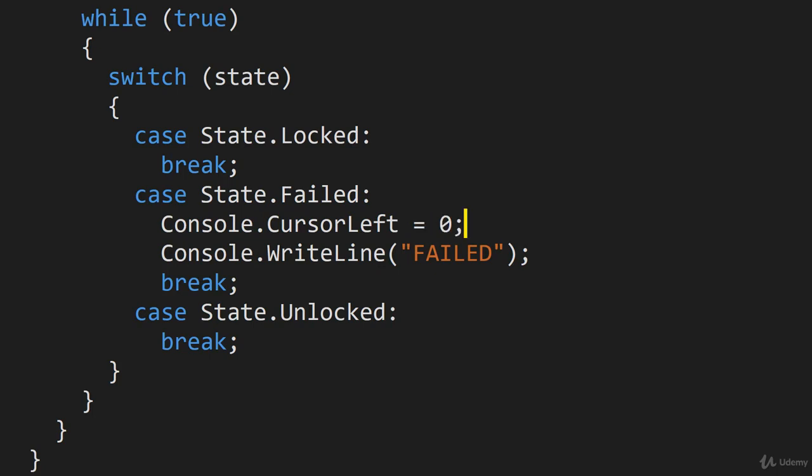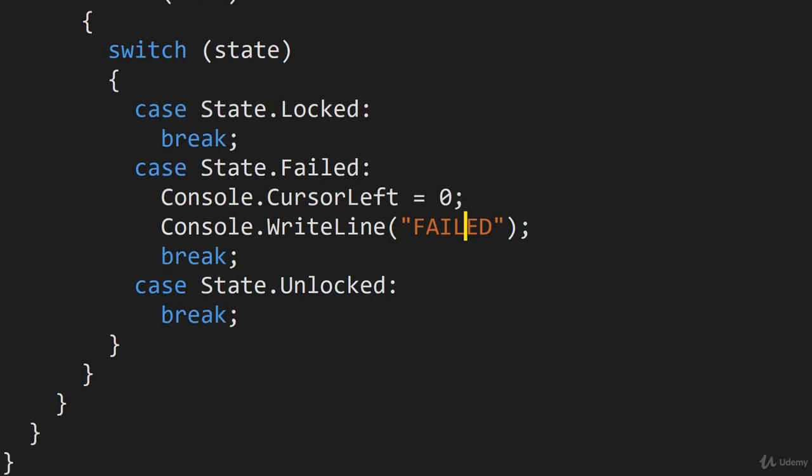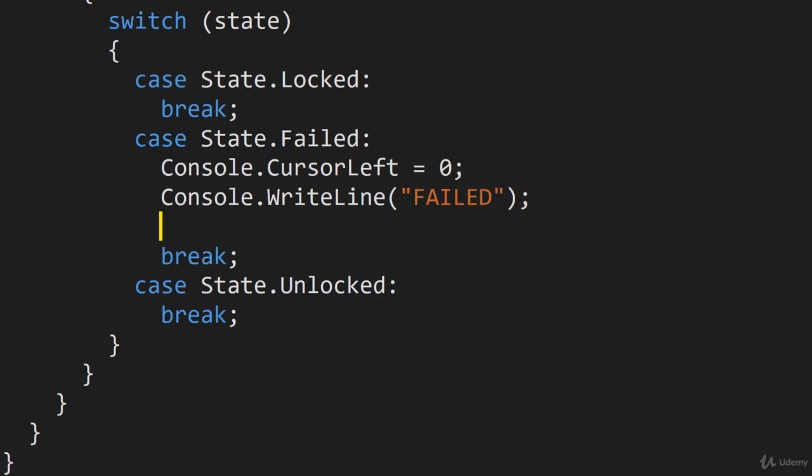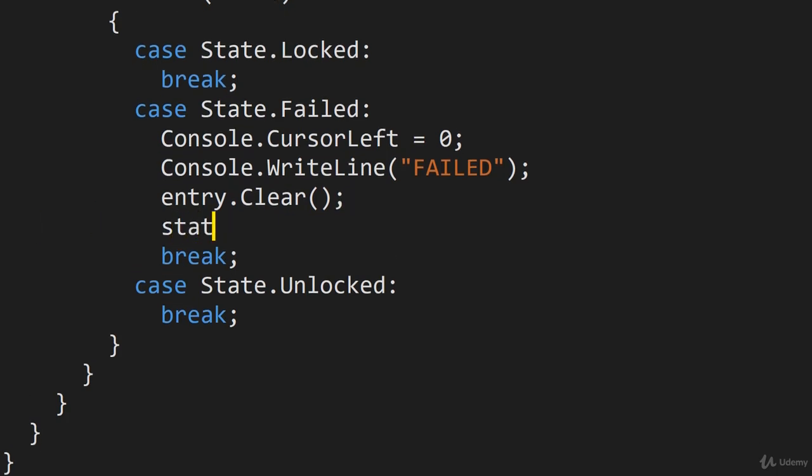So I'm going to go back to the start of the line, and then I'm going to overwrite the word failed over the actual digits that the user tried to enter. I'll clear the entry. So that's the entry that the user has been accumulating, the digits that were meant to open the code. And then I will set the state to state.locked.